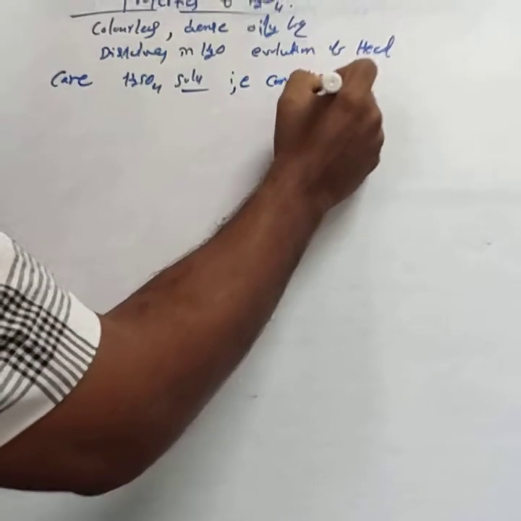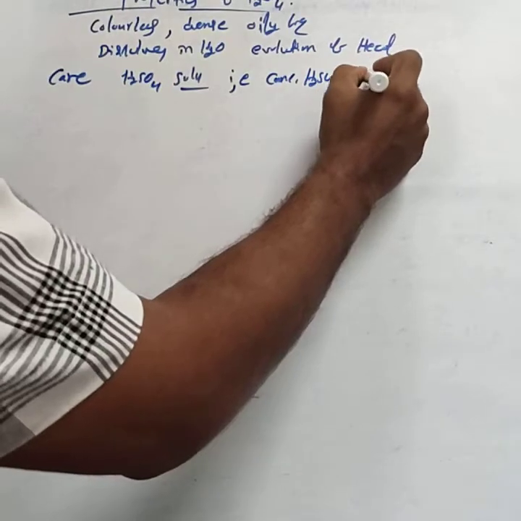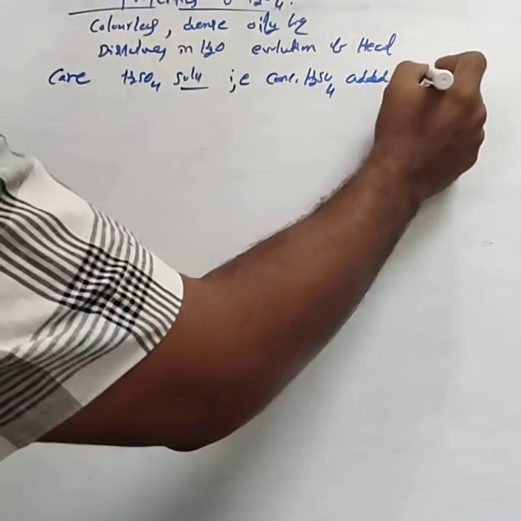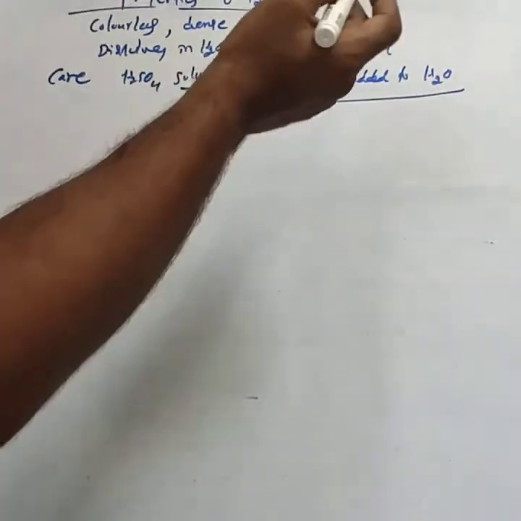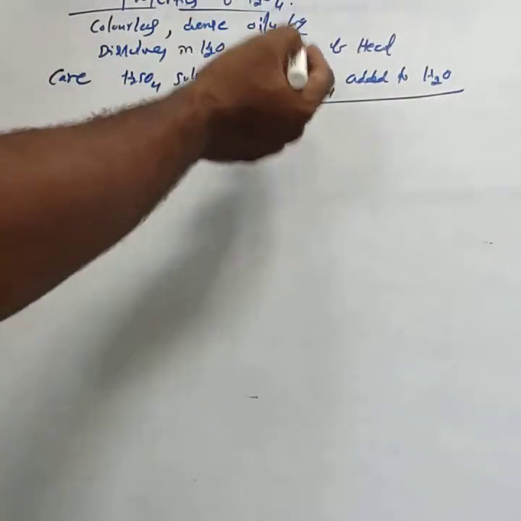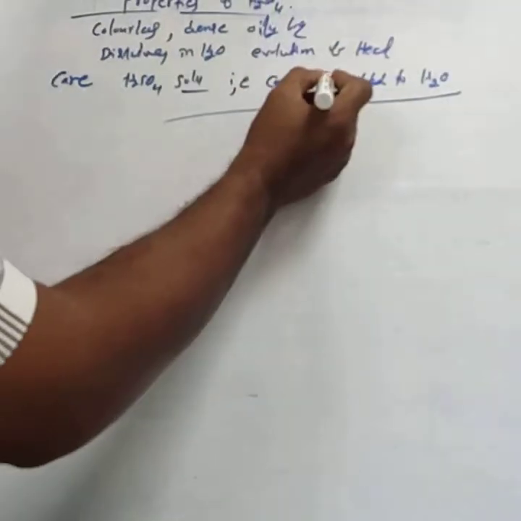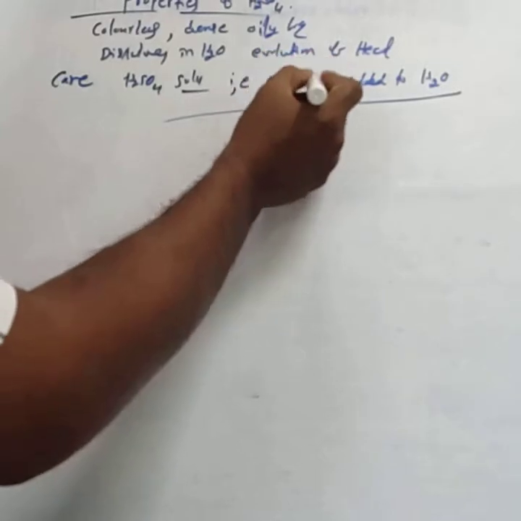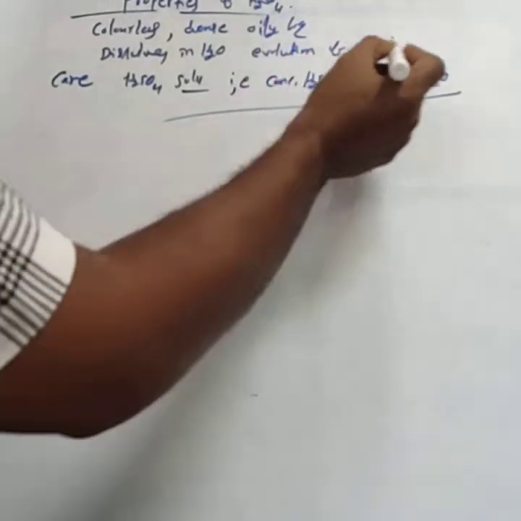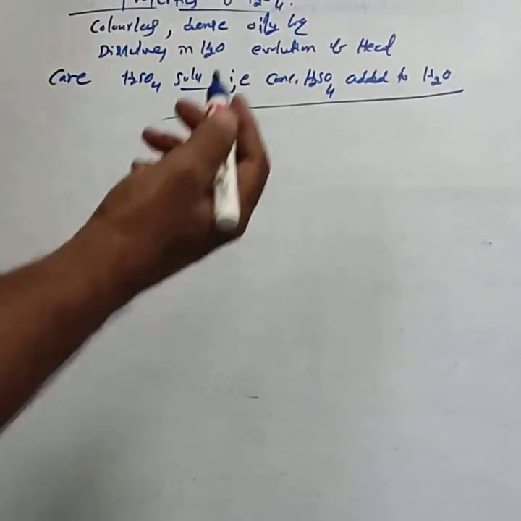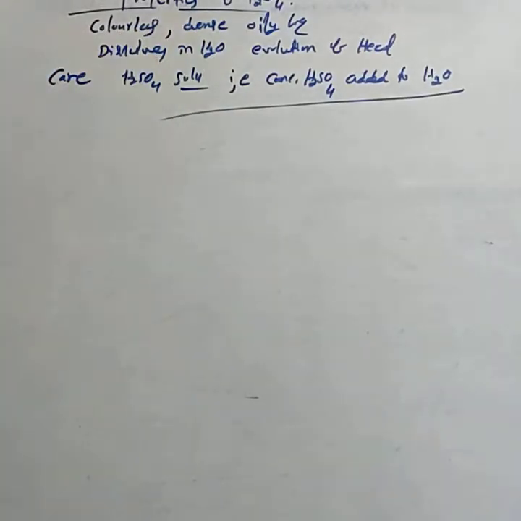Concentrated H2SO4 must be added to water, but not water into the acid, because sulfuric acid dissolving in water evolves a large amount of heat. This is about the physical properties.